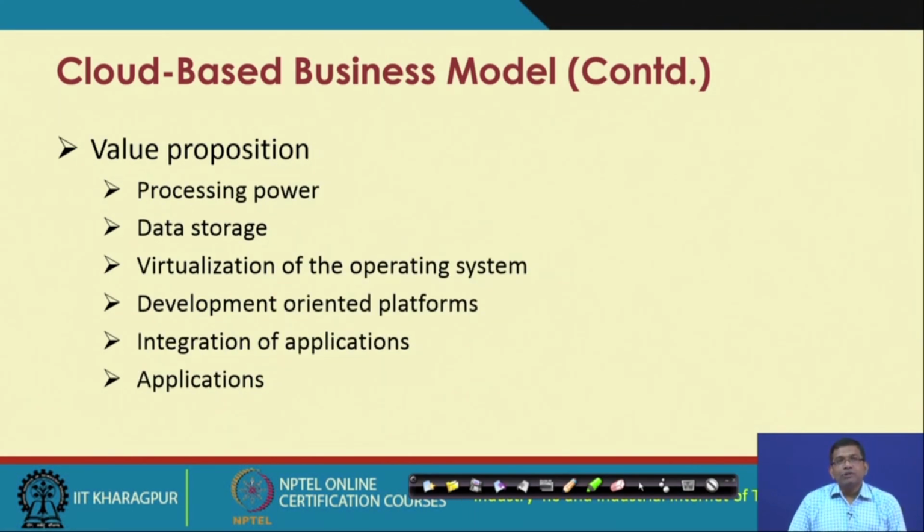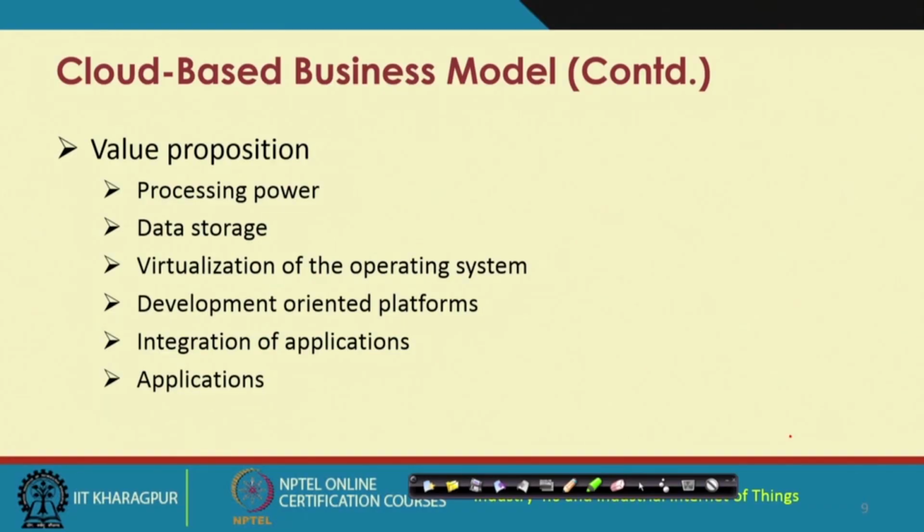Value proposition with respect to the processing power, data storage, virtualization of the operating system, development oriented platforms, integration of applications, specifically the applications and their integration essentially. So, these are the different value propositions. Essentially we are again falling back on infrastructure as a service, platform as a service and software as a service.